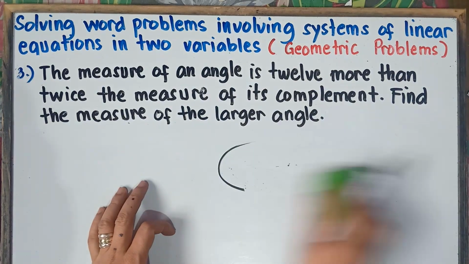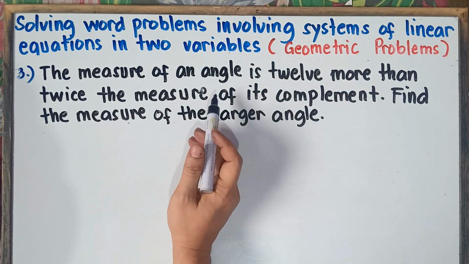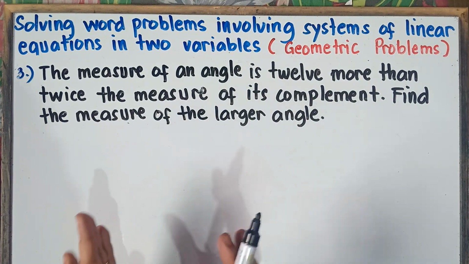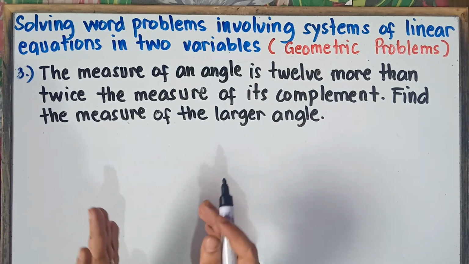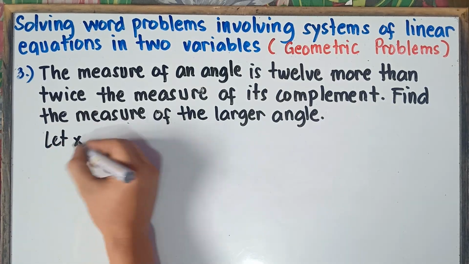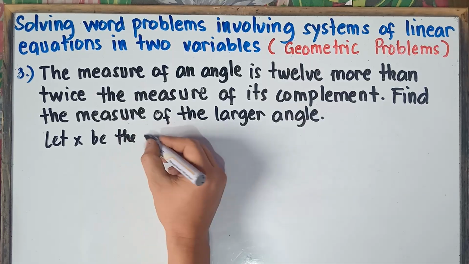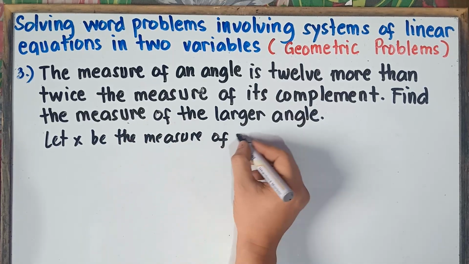Now, it says on the first statement, the measure of an angle. Since we don't have the measure of an angle, therefore, class, we let x be the measure of an angle.